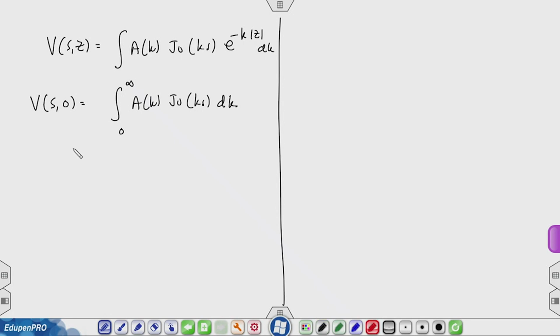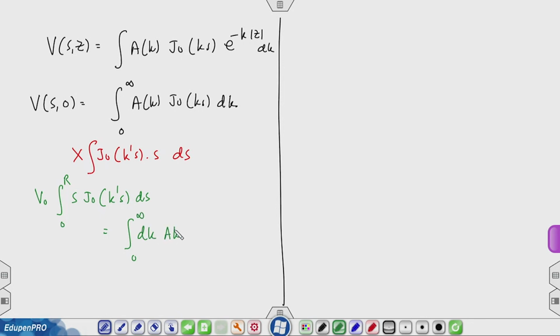We will multiply both sides by J naught k prime s times s and integrate over s. Then we get V 0 integration 0 to r s J naught k prime s ds is equal to integral 0 to infinity dk A(k), which I am writing first, integration 0 to infinity s J naught k s J naught k prime s ds.